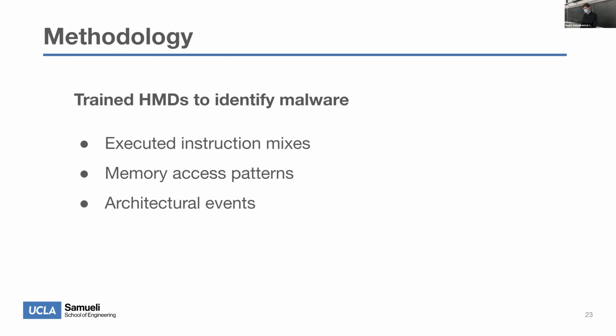After defining that threat model, the authors needed to create some baseline HMDs. They selected a training set from a mix of 3,000 malware samples and 554 non-malware programs. They used linear regression and neural network classifiers for these HMDs, with each one of them using one of the 3 feature vectors that are listed here.